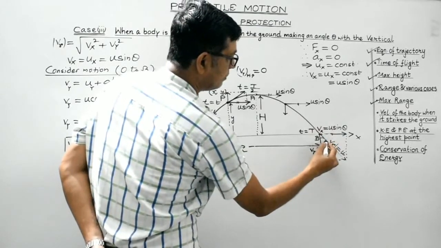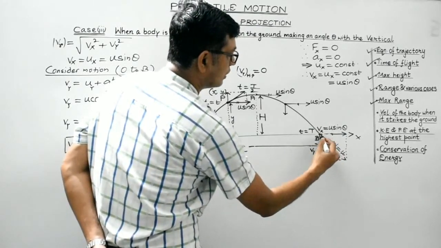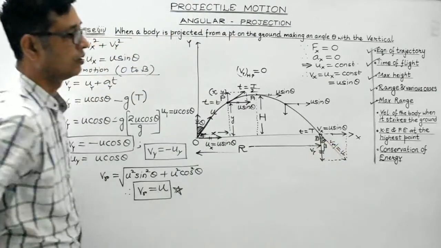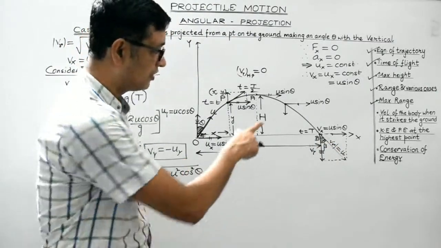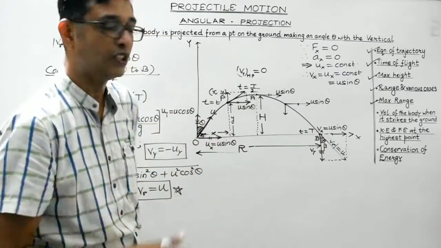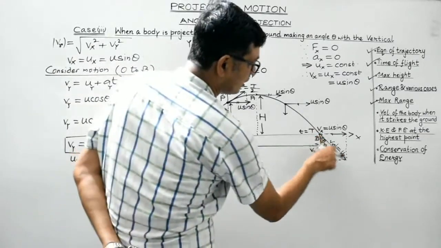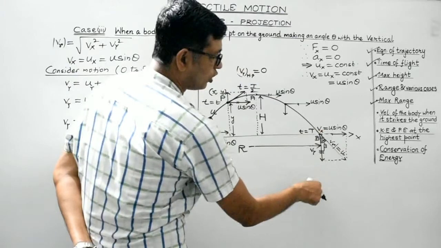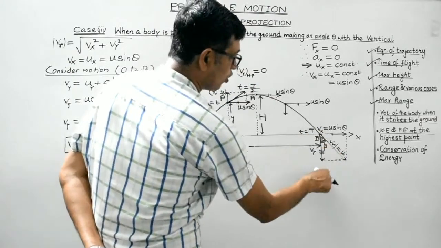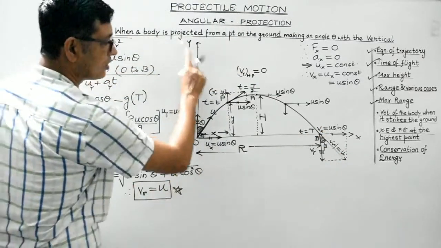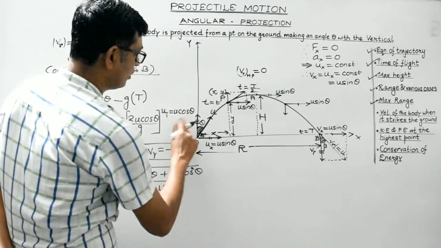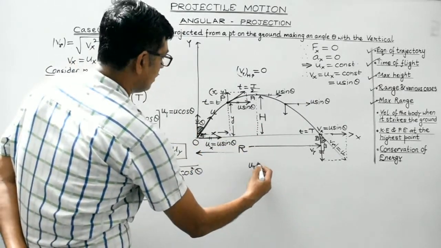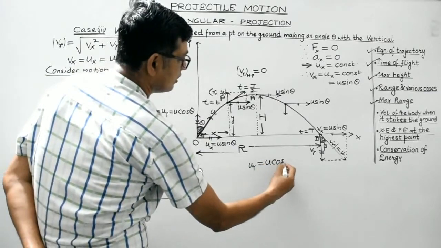It makes an angle beta with the vertical, this angle. So, beta is the angle which the resultant makes with the vertical. Now, if you resolve this Vr into this component, we will get u cos beta. Here it is u cos theta, here it is u cos beta. Therefore, magnitude wise, look, uy is equal to u cos theta, isn't it?